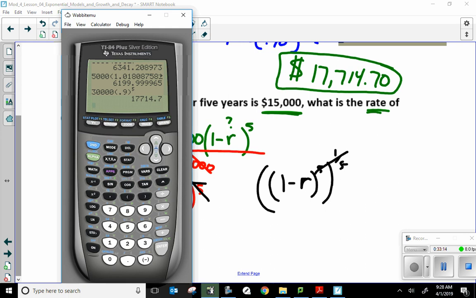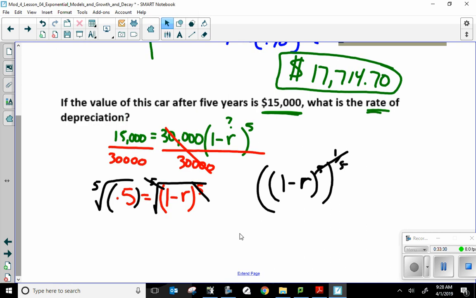So we're going to take, let's go math. Let's clear this out. Clear. We'll go math. We'll go number 5. We'll put here the 5th root of 0.5. I'm going to have roughly 0.87.